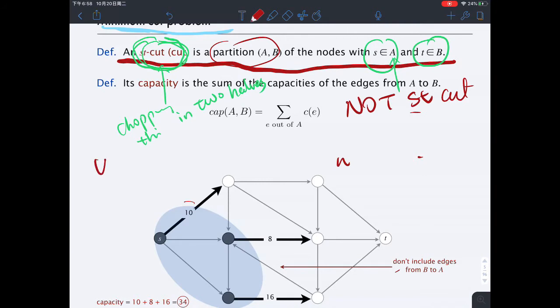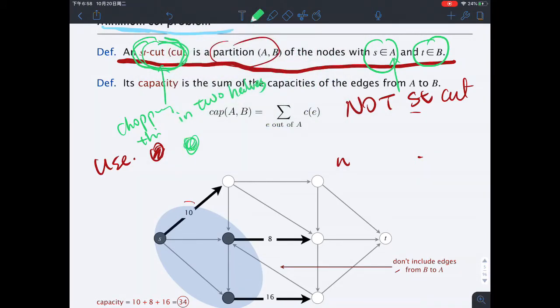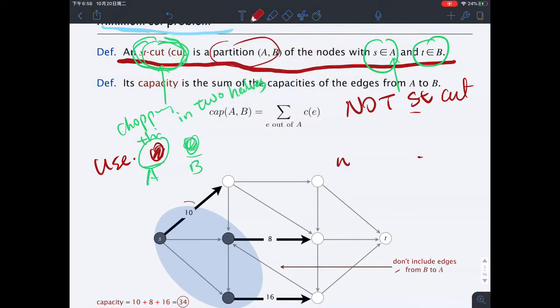So what does that mean? We can construct a very funny way of partitioning. Let me use red nodes and green nodes to label A and B. Any node labeled red is in A, and any node labeled green is in B. So we can have this kind of partitioning.